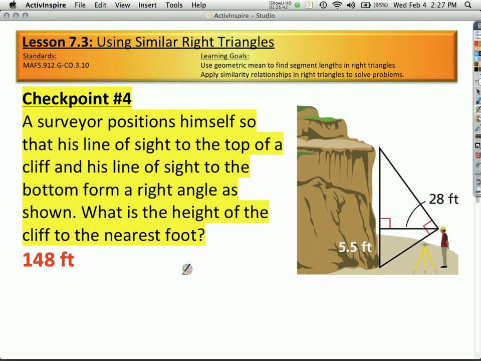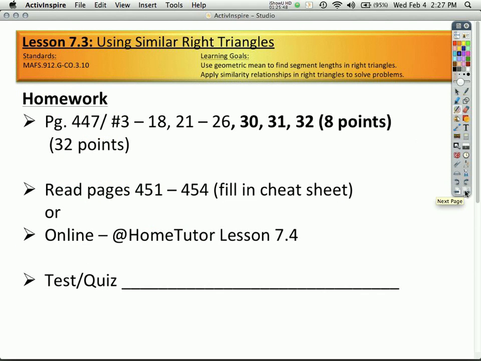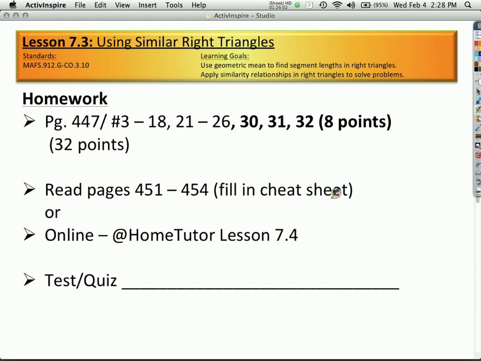What's the answer for the warm-up? For the warm-up? Yeah. So your homework is page 447, numbers 3 through 18, 21 through 26. 30, 31, and 32 is where some more effort's going to be needed. 32 is a proof with all of the elements filled in except 8 are missing. So I'm counting it as 8 points.